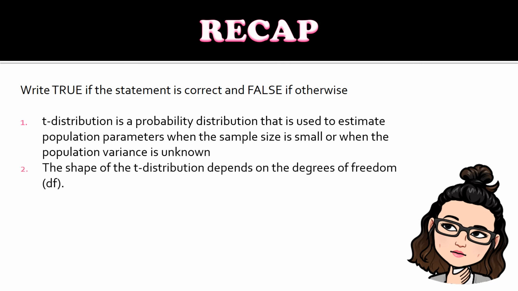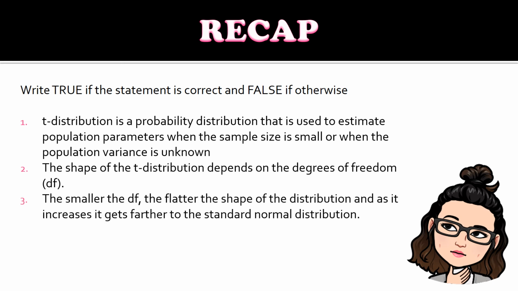Number 2. The shape of the t-distribution depends on the degrees of freedom. Number 3. The smaller the degrees of freedom, the flatter the shape of the distribution, and as it increases, it gets farther from the standard normal distribution.